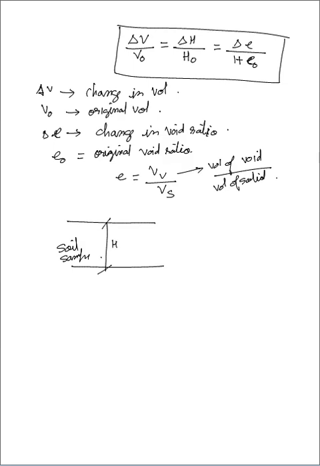So initial height will be suppose h0. After this load, the height will be some other value, suppose h. So what will be the change, delta h? Delta h is basically h0 minus h. So this is the change, so this is delta h.